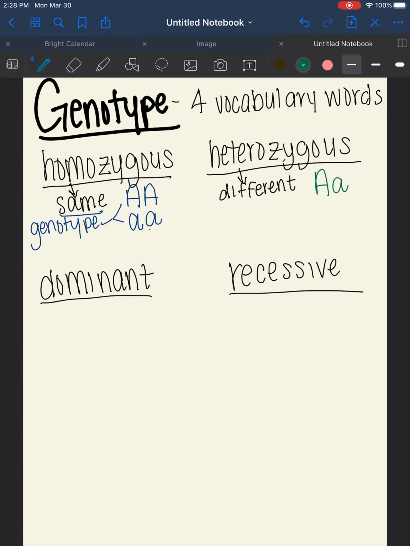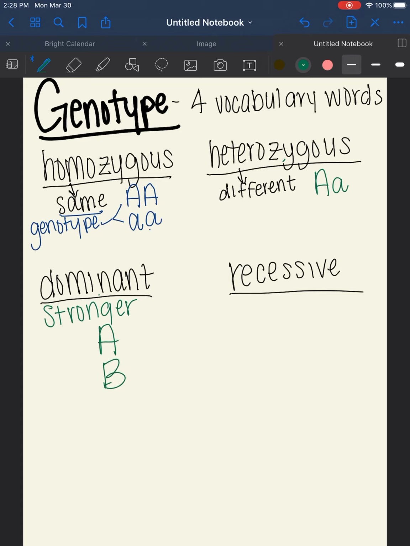One big, one little. Okay, so the other 2 vocabulary words are dominant and recessive. Something that is dominant, think of it being stronger. So something that's stronger as far as genotypes go, the dominant characteristic or the dominant trait is going to be shown with a capital letter.